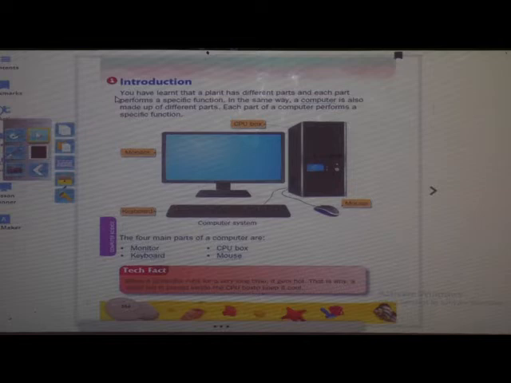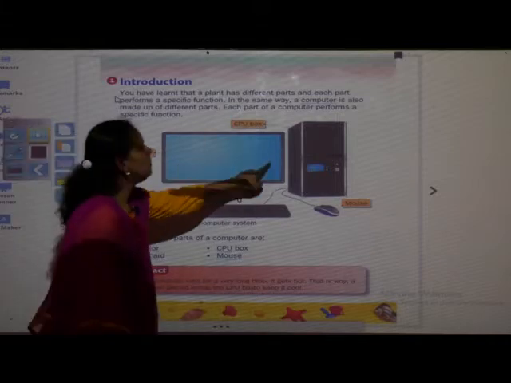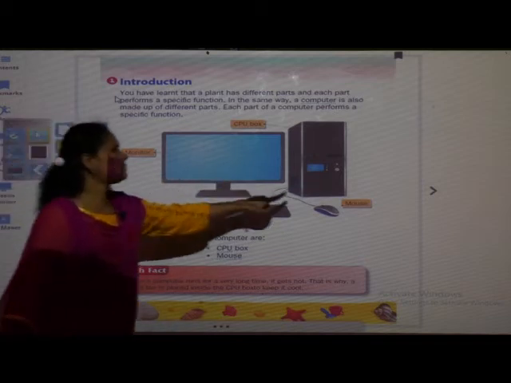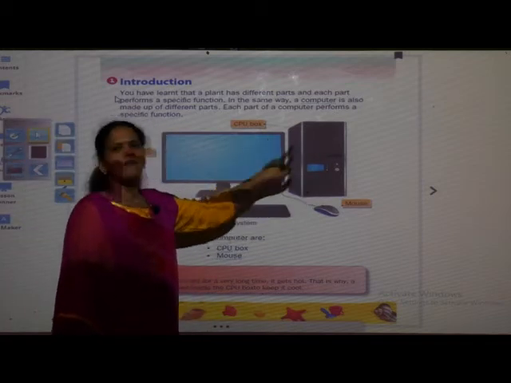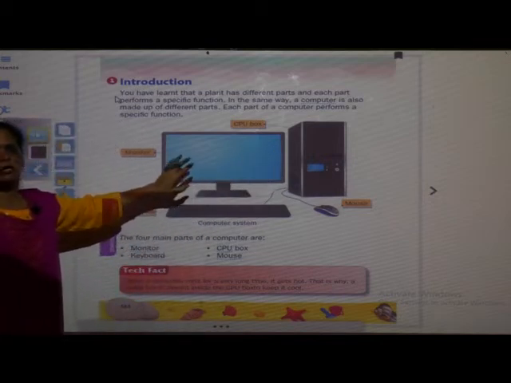So, what are the main 4 parts of the computer? Yes, monitor, CPU, keyboard and mouse. This is called the monitor. This box is called the CPU box. Without this box, we cannot operate the computer.